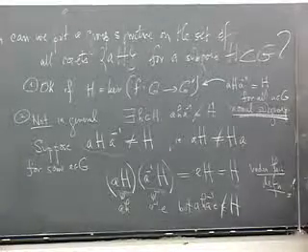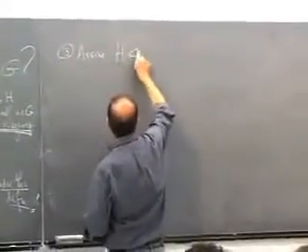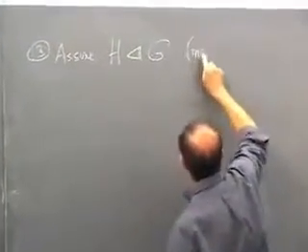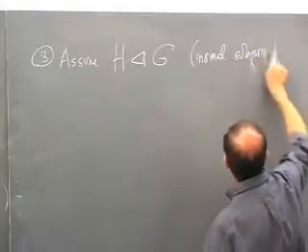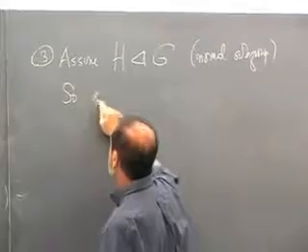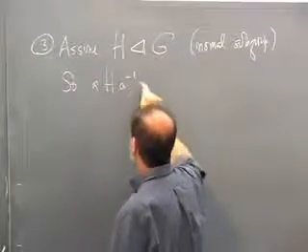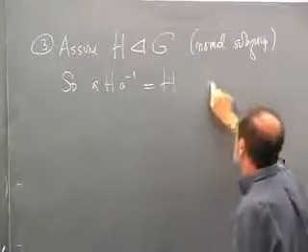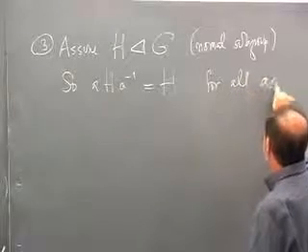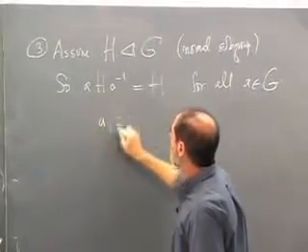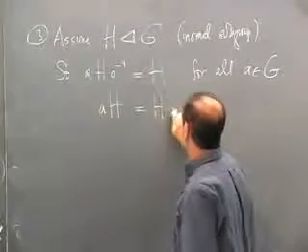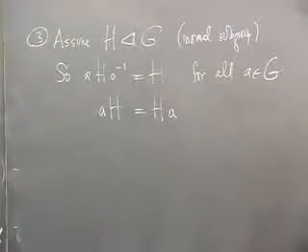Three, assume that H is normal in G. So, AHA inverse is equal to H for all A in G. In other words, we could write this as AH is equal to HA as sets.